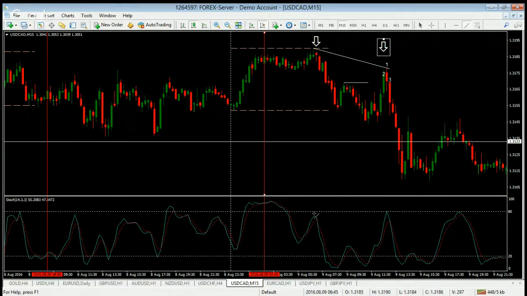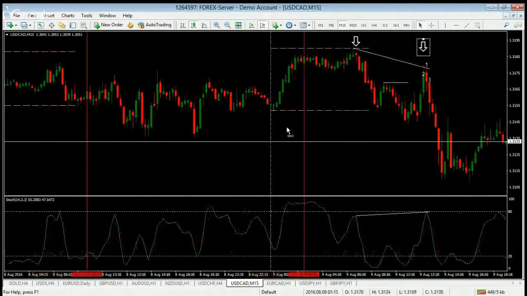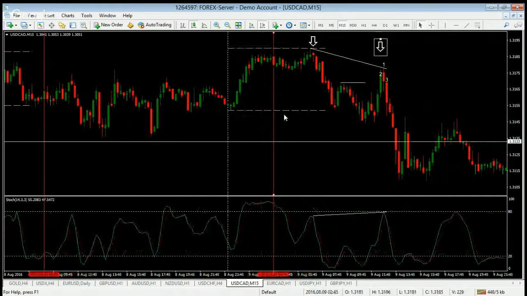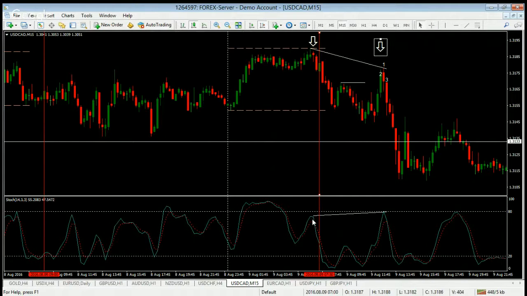So this high here, you can see the indicator was making a higher high. The price high here was actually lower, it didn't even get there. But the indicator already went above this. You can even straighten the indicator to see it well.